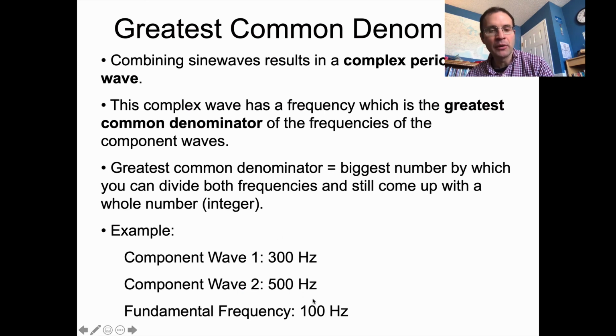So 300 divided by 100 is 3, 500 divided by 100 is 5. There's no number bigger than 100 that will get you that sort of result. So if you took like 200, 300 divided by 200 is 1.5, 500 divided by 200 is 2.5, so that doesn't work, right? Anything bigger than 100 won't be the greatest common denominator of these frequencies.